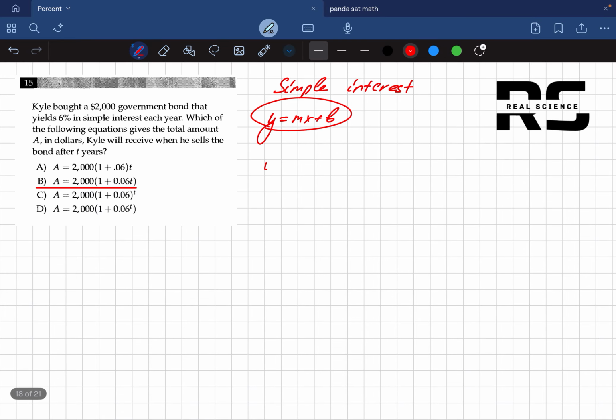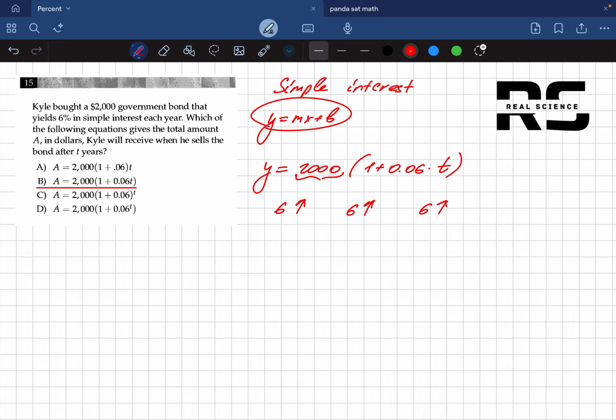So that would be just 2,000 multiplied by 1 plus 0.06 times the time. Why? Because look, this is the initial amount that I have, and then because I need to find in T years, I don't know, let's say in 3 years. So every year I have an increase of 6%, and then 6%.